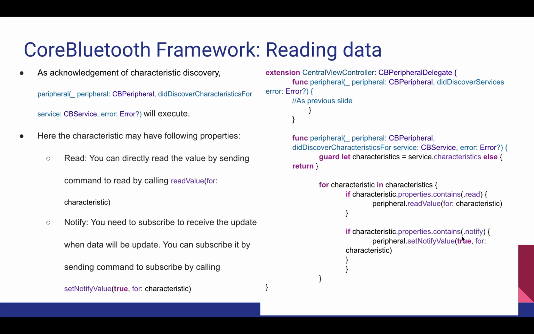In that case you need to pass true here, right? If you are passing true, it means you started your subscription. But if you want to stop your subscription, then you need to pass false here, which means you have stopped the subscription.